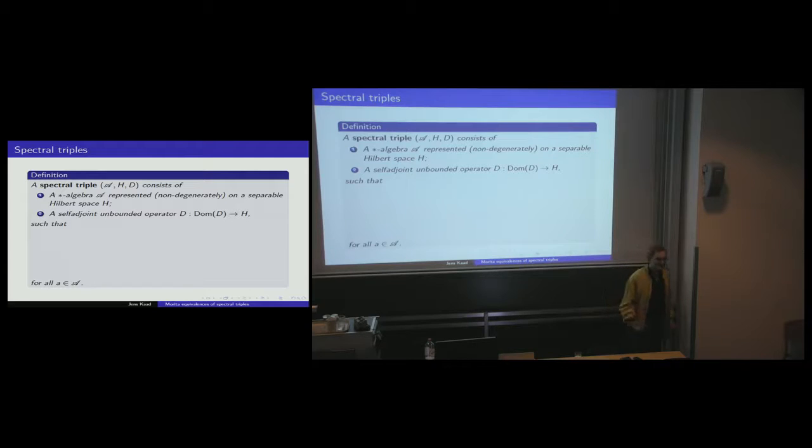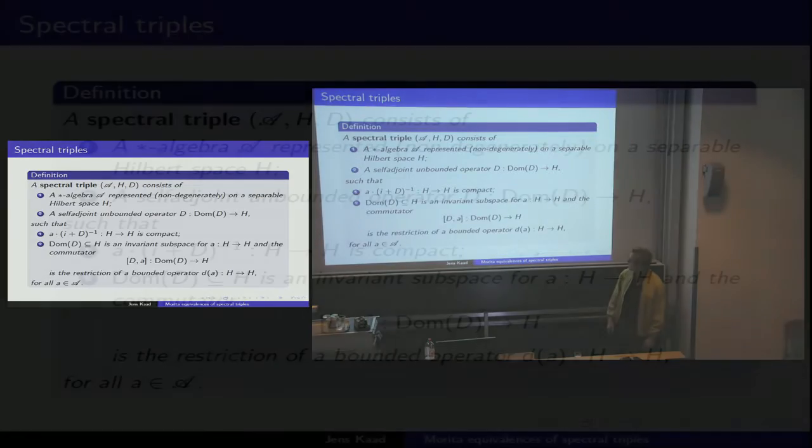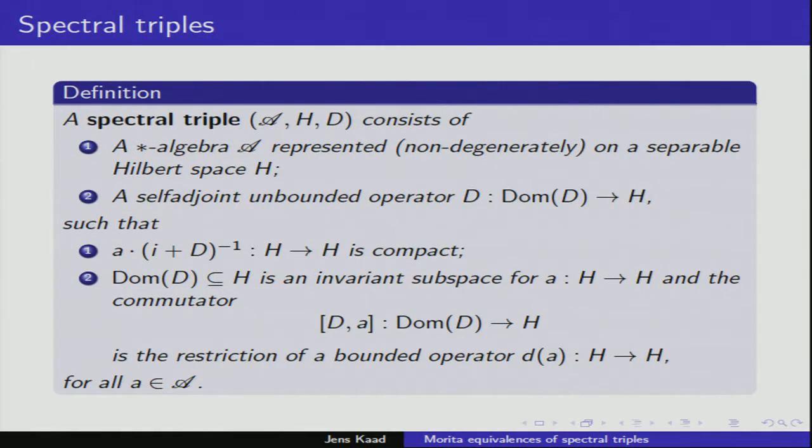And then there are conditions. The first one is that, since D is self-adjoint, I have the resolvent of D, and I can multiply that with an element in the algebra. And this has to be a compact operator on the Hilbert space. The second condition is that the domain of D is an invariant subspace for any algebra element.